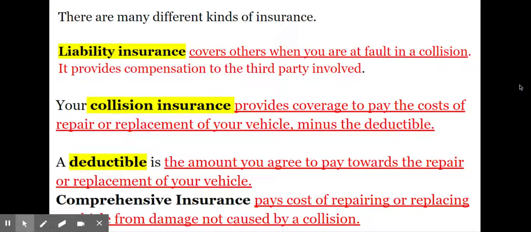Okay. So we pay a premium. That is the total cost of your insurance. Then we have a deductible, which is the amount you agree to pay toward the repair or replacement of your vehicle. Okay. So that deductible can be $1,000, $750, $500. Sometimes it's zero.